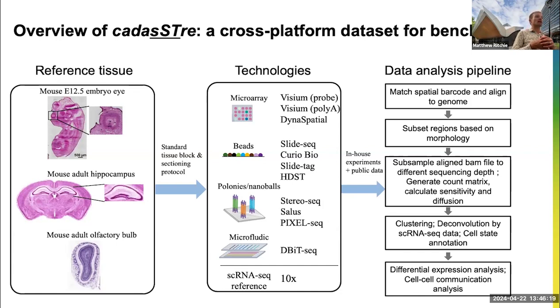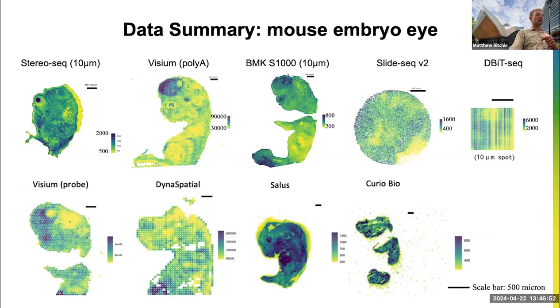And then we also have some reference 10x data to match across to. And the data analysis pipeline here, again, from raw data, we are going to focus on particular regions that we can work out using in situ hybridization data on these sections of tissue, generate a count matrix, and then do downstream analysis with deconvolution, clustering, and differential analysis, and so on and so forth. So this is a very ambitious study.